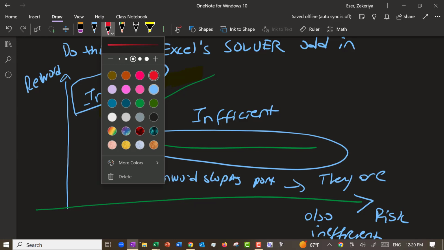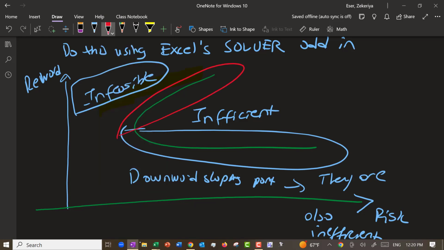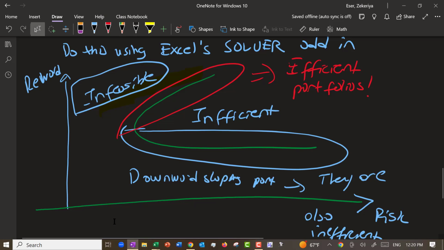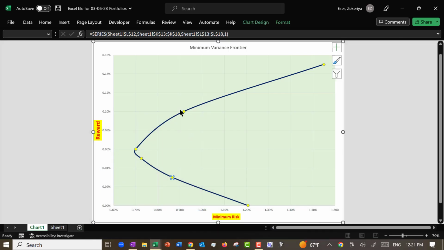You know, it's easy to figure out when something is inefficient, but to figure out why it's efficient, we kind of need to think about it. Take this little point here, a reward of 0.10% and a risk of about 93. If I move anywhere straight up, it's infeasible. Straight left, it's infeasible.